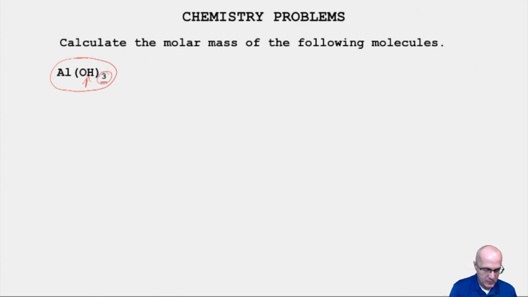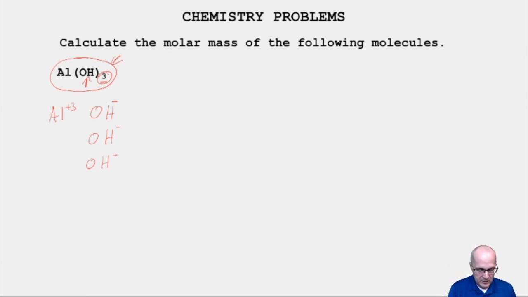What does that mean? Well, that means we have 1 aluminum plus 3. That's the charge in the aluminum. And 3 hydroxides. And this is only how we abbreviate it, just to make our life a little bit easier. Okay?